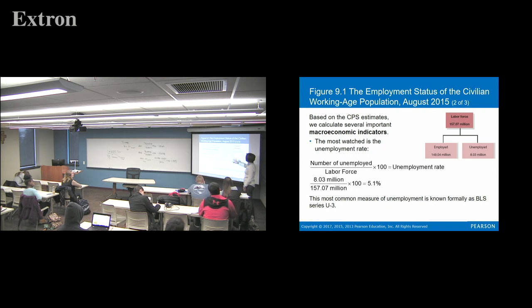So the unemployment rate in 2015 was about 5.1%. If we did this calculation now, if we turn on the news, it's about 3.7% or something like that, which people are ecstatic over. All right? I don't remember in my lifetime it ever being that low since I cared. But this is the most common measurement.